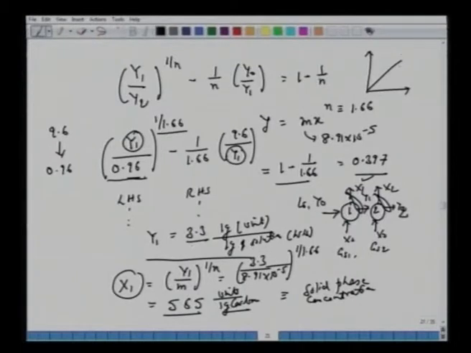In fact, if you go back to the graph you obtained with the slope of m, and read y1 as 3.3, you should be able to read this number 565 directly from the graph.